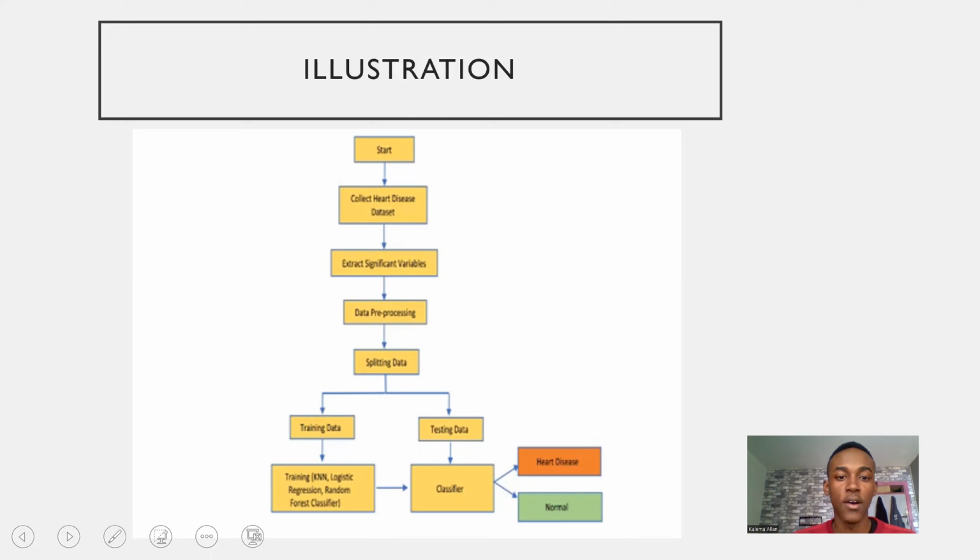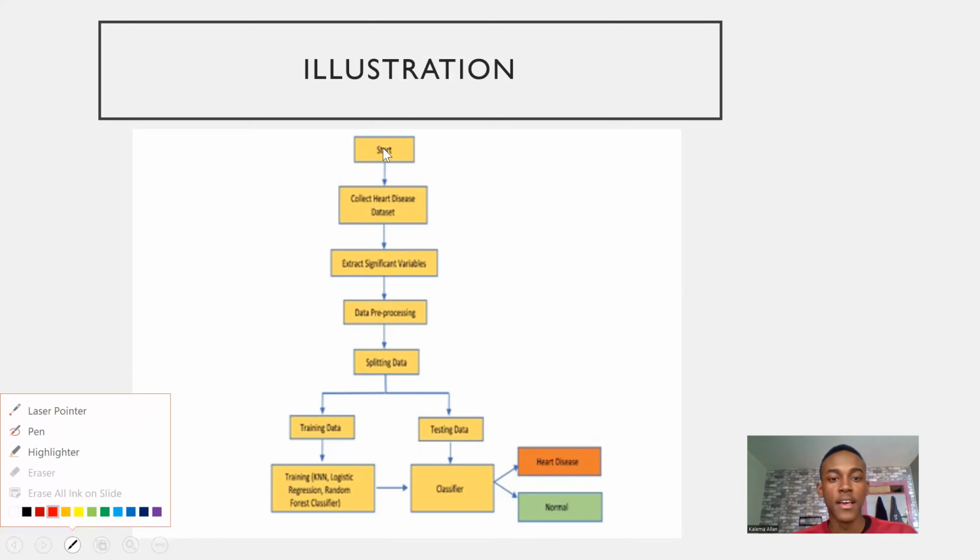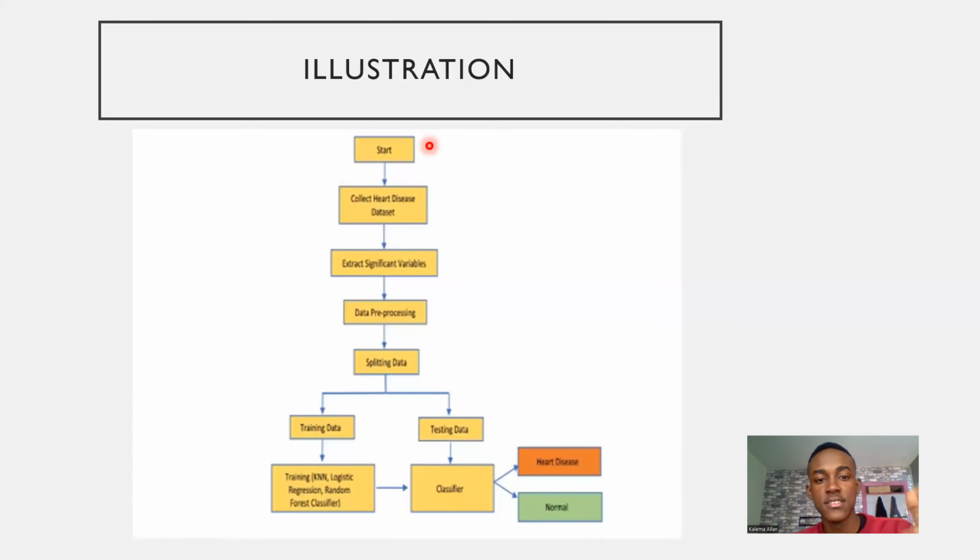This is our illustration. First of all, from the start, you collect the heart disease data set. The data set can be, for example, someone's name, age, weight, and all that.